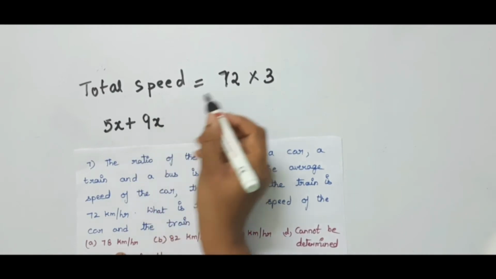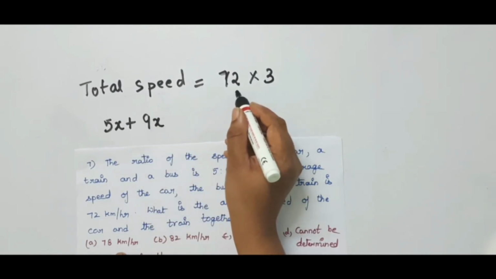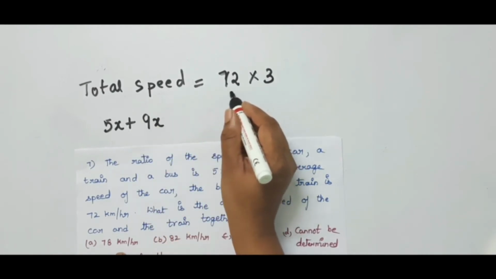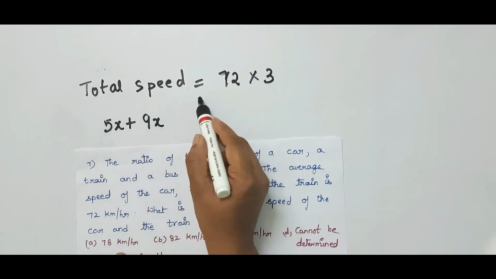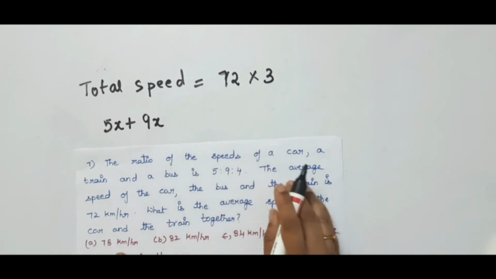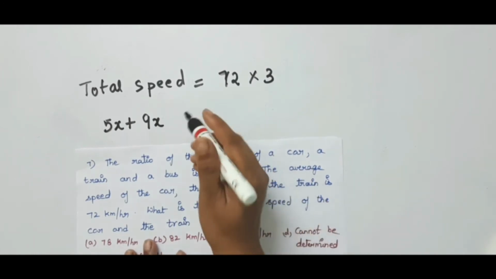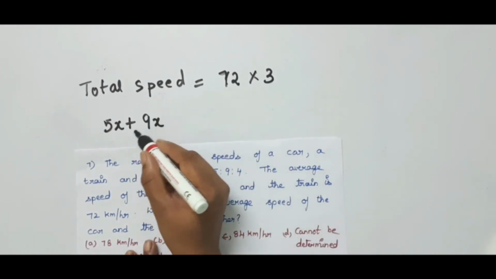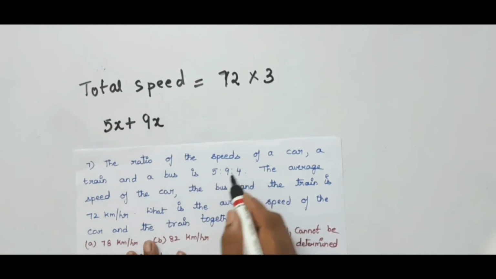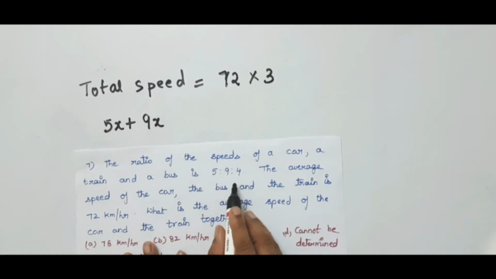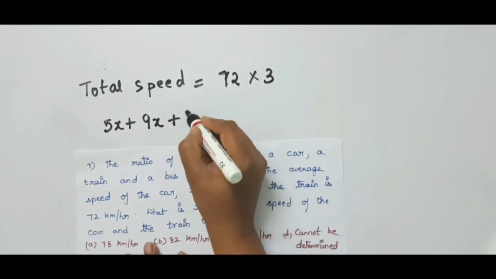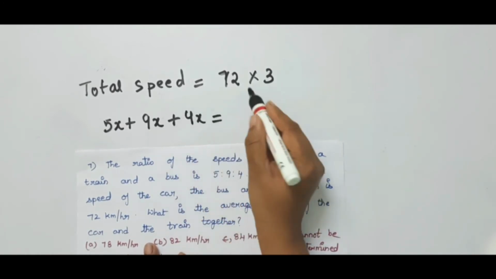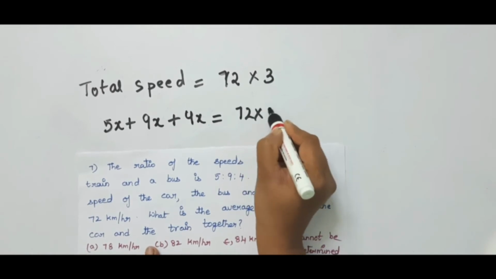The total speed is equal to the average multiplied by 3, so once we get the total speed, we can easily calculate the value of x, is it not? I have taken x as the speed of the vehicle and just summed up the ratio values given in the problem. And the bus is given as 4, so 4x, and the sum is equal to 72 into 3.